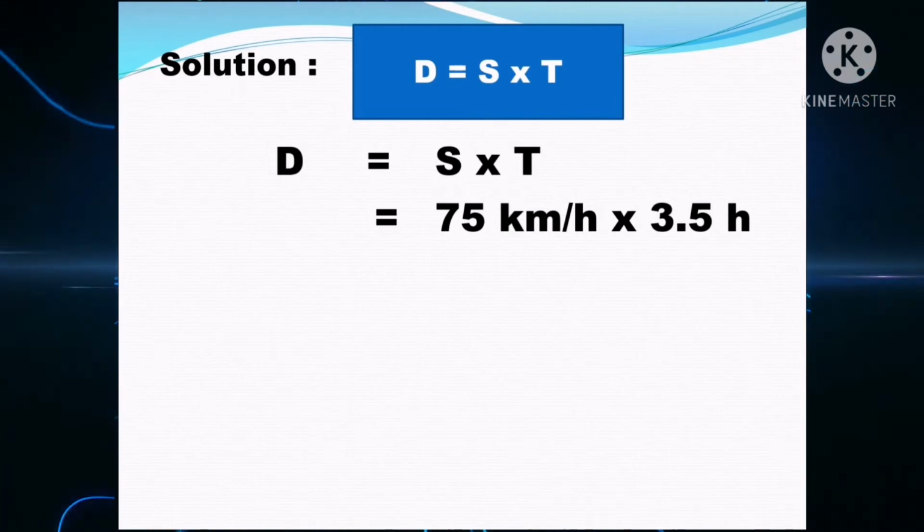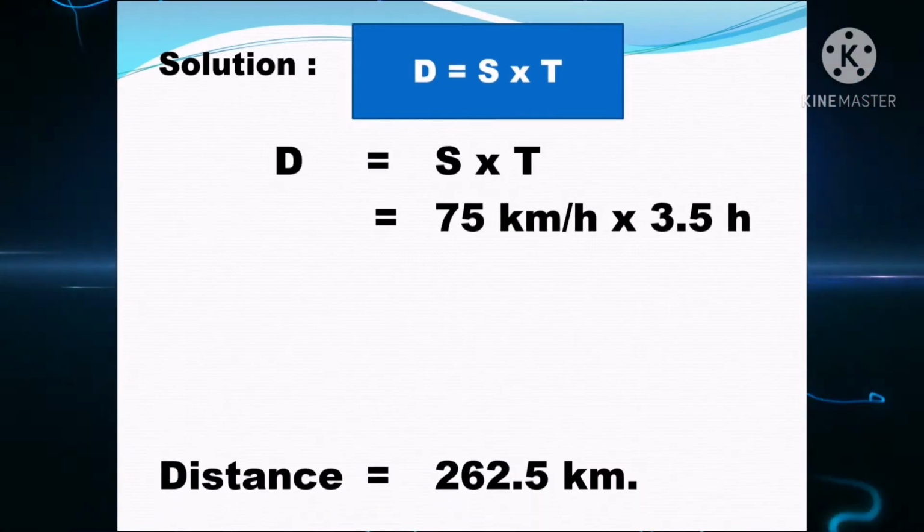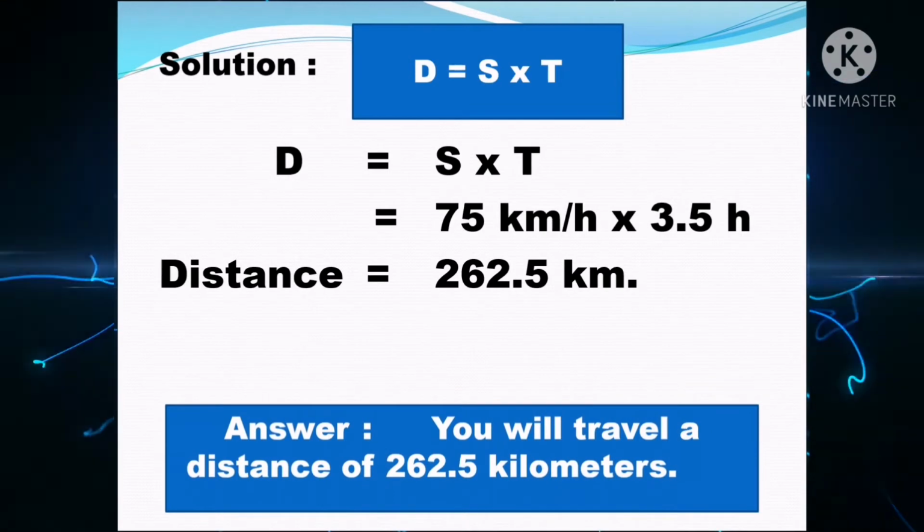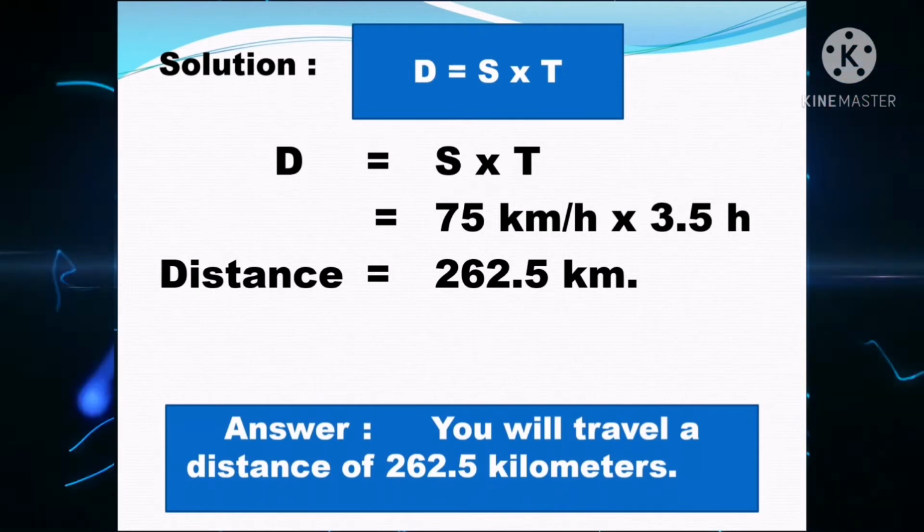So 75 kilometers per hour times 3.5 is equal to 262.5 kilometers. As you can see, we omitted h as the unit of measure because we divided h by h.